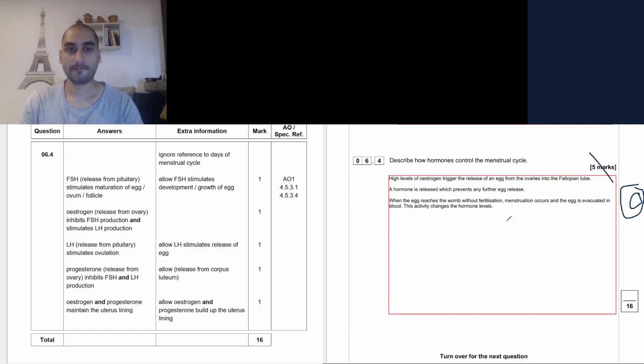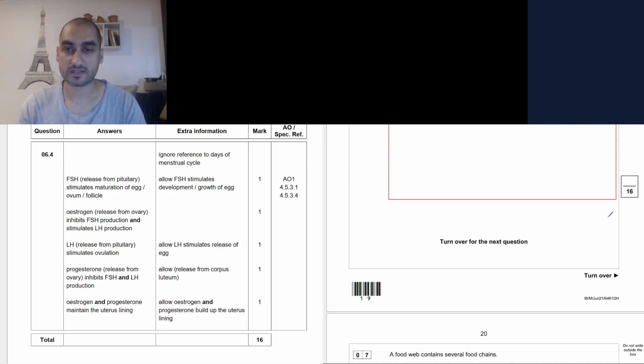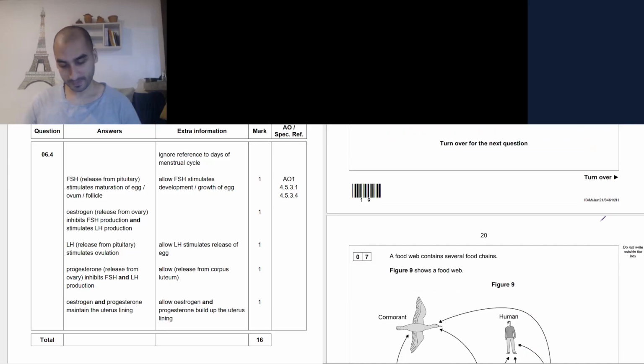Ugh. A hormone is released which prevents any further egg release. I didn't say estrogen in that sentence there. Yeah, whatever. 0. I do not know about the female menstrual cycle, apparently.